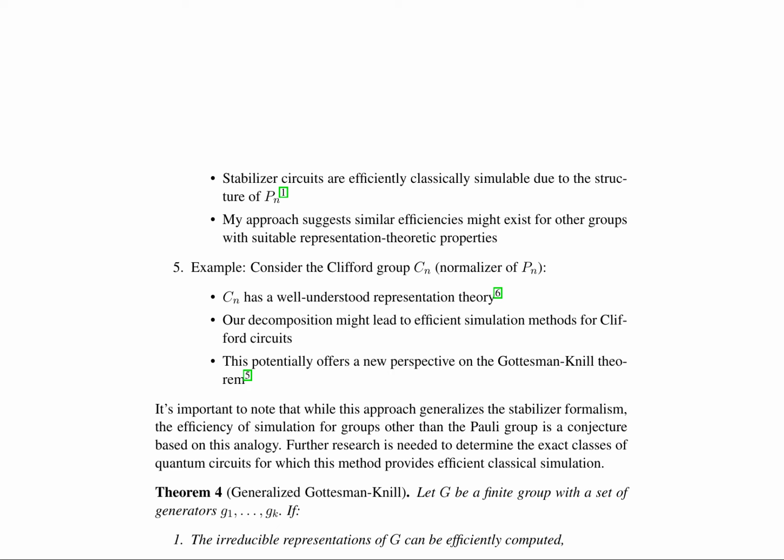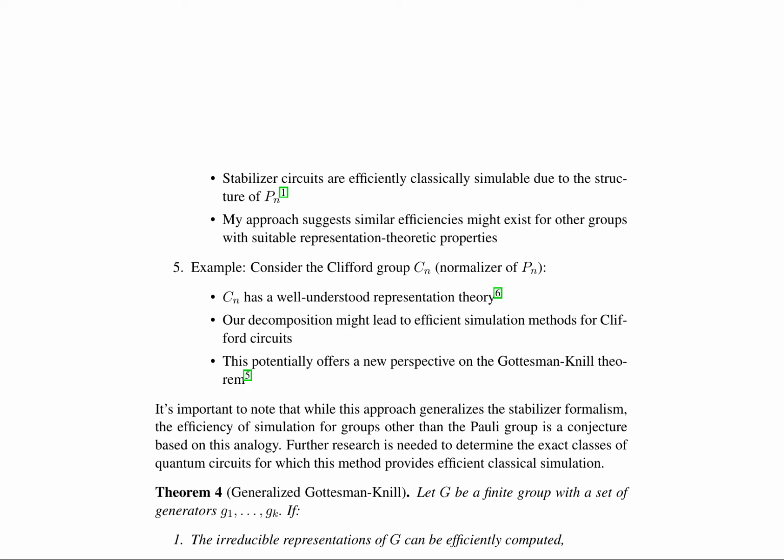The potential for efficient classical simulation of quantum circuits beyond the Pauli group is explored in this research. Stabilizer circuits, which are known to be classically simulable due to their structure, serve as a foundation for this approach. This suggests that similar efficiencies might exist for other groups with suitable representation theoretic properties. The Clifford group is an example of such a group, with its well-understood representation theory and the possibility of efficient simulation methods.